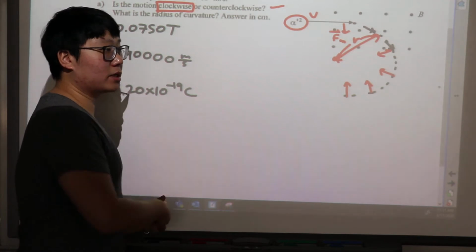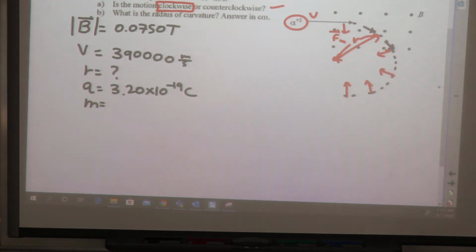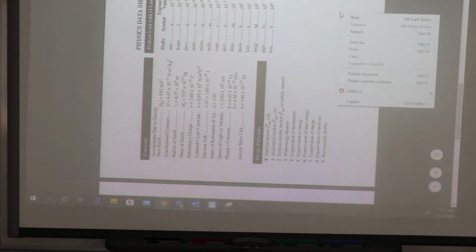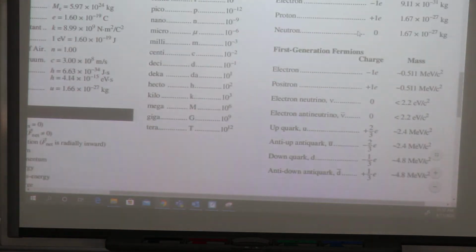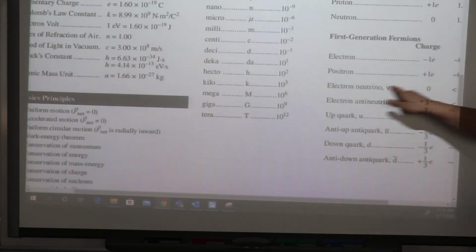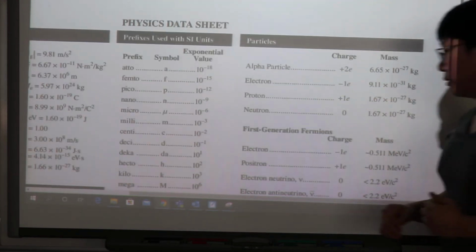I don't have it right now, so I'm just gonna put it up on the screen if that's okay. There you go. As you may know, the alpha particle's mass is given in your data booklet as 6.65 times 10 to the power of negative 27.